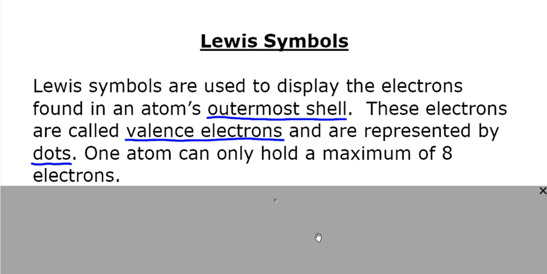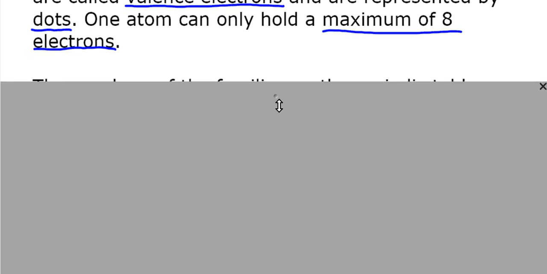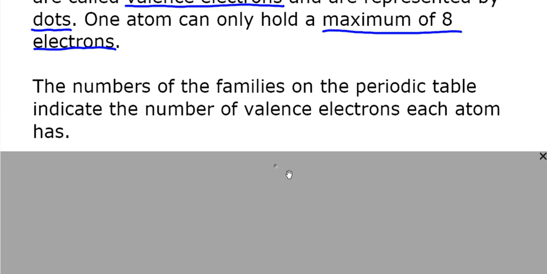Similar to the idea of a Bohr-Rutherford diagram, where we're just going to do the ones in the very last shell. Just like Bohr-Rutherford diagrams, for most of the shells, the maximum that these diagrams can hold is 8 electrons or 8 dots.